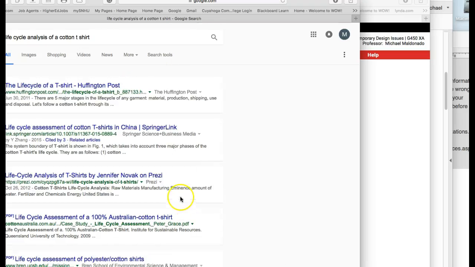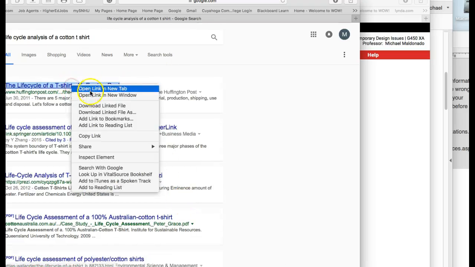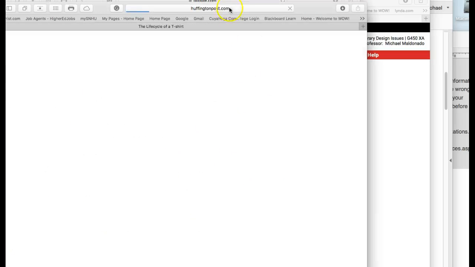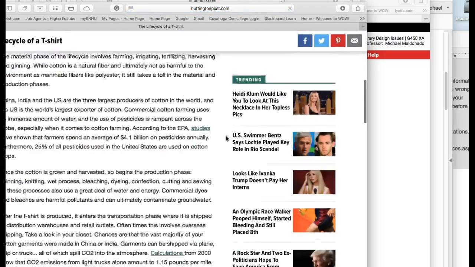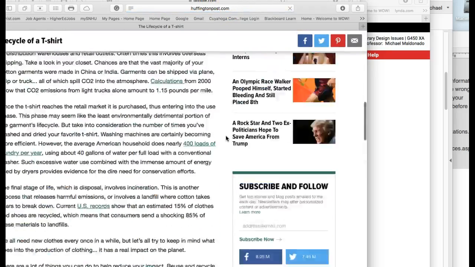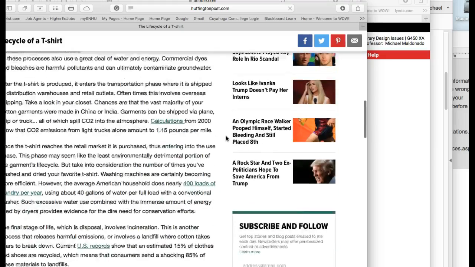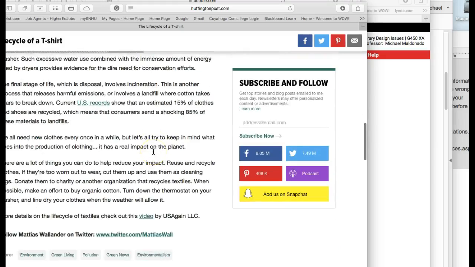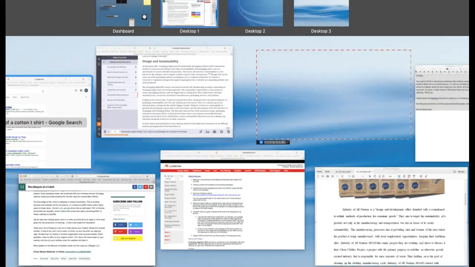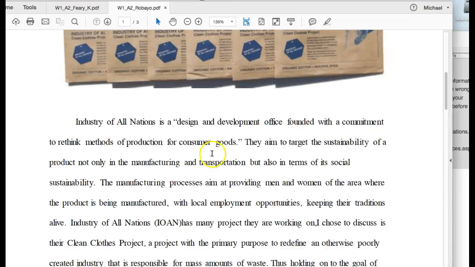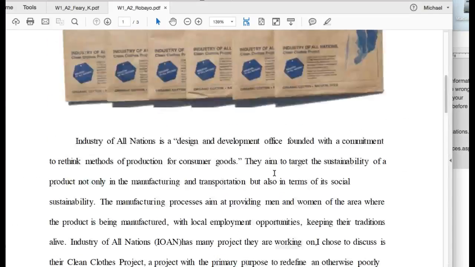And that would be Huffington Post. I think that was one of your sources anyway. So what I'm getting at here is I wanted to see this life cycle analysis.